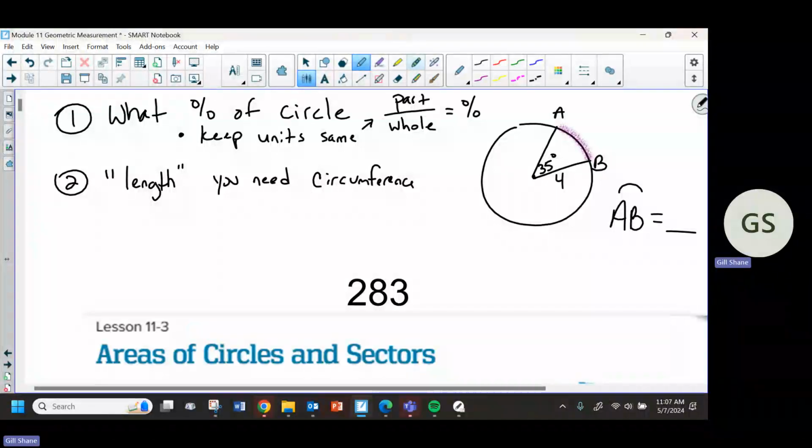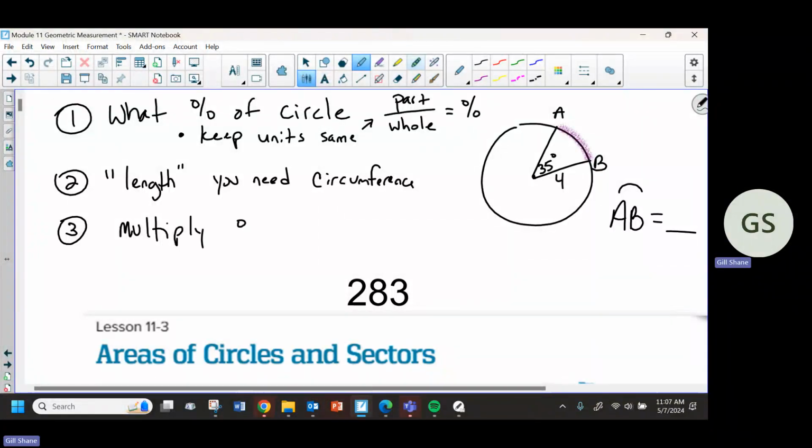So what was step three? Once we had done those two steps, all we had to do was multiply the percentage of the circle we're talking about. If that was 15% of the circle, we would ask what is 15% times the entire circumference, if we're talking about length.